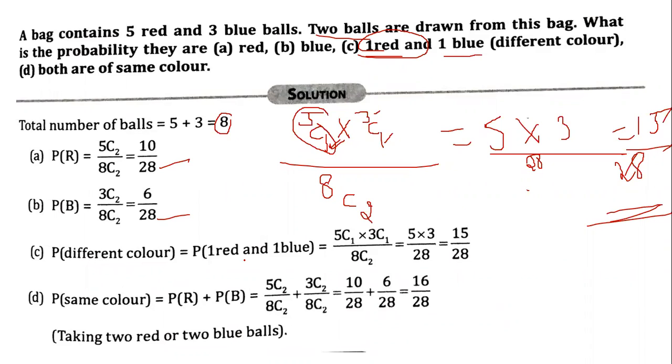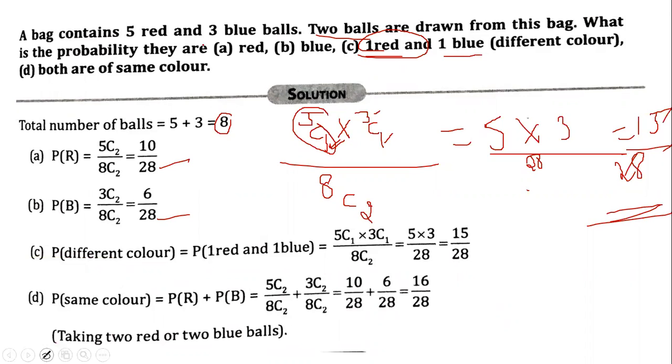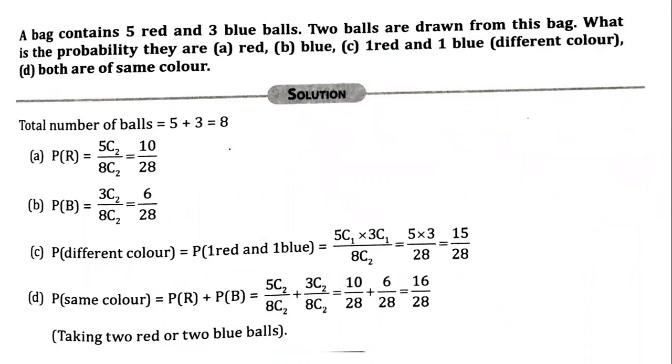Okay, now the next question. The last question is, if both are the same color. Both the same color means it can be red also, it can be blue also. We don't know. They have not given which color exactly you will get. You are taking two balls randomly from the bag. The two balls may be red, or the two balls may be blue. Now understand the difference. When they gave only one red ball and one blue ball, we did multiplication.